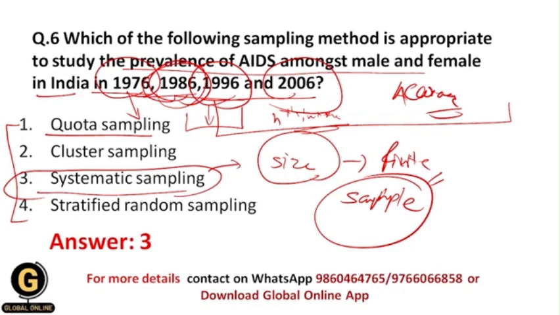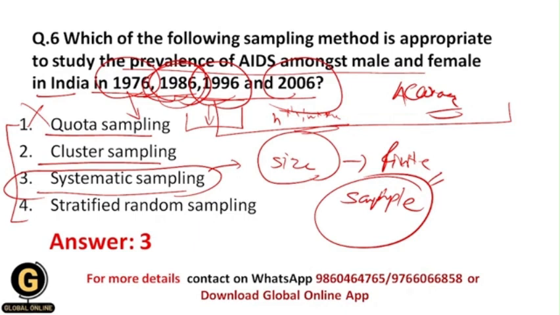So within quota sampling, the researcher uses a particular characteristic of people, and accordingly he selects the kind of people who have that characteristic. But over here the researcher doesn't know exactly who has AIDS and who has not. That's why this sampling technique won't be useful over here. Within the cluster sampling technique, the researcher randomly selects subgroups from the target population.